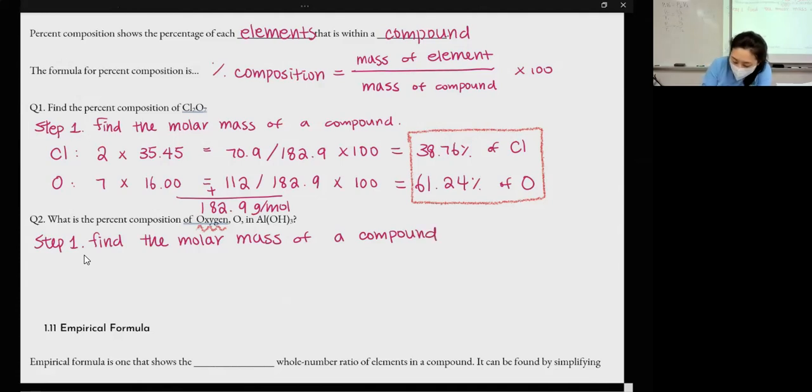So if we do that, this one is AlOH3. So we have 3 oxygen and then 3 hydrogen.